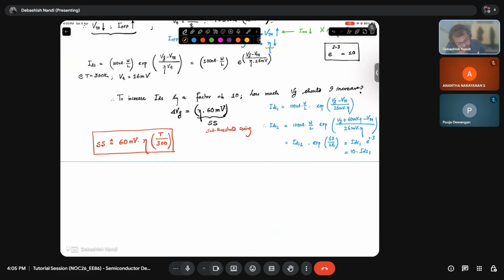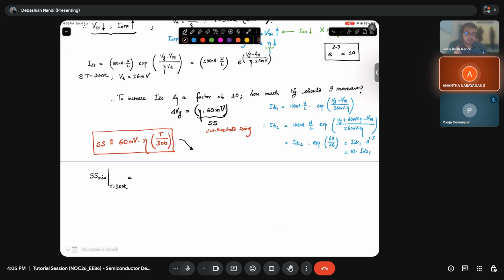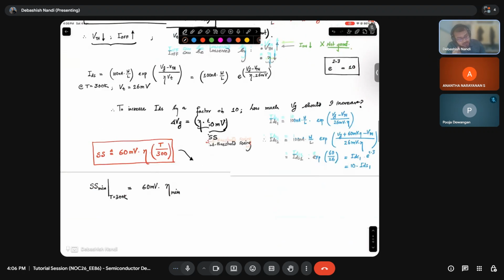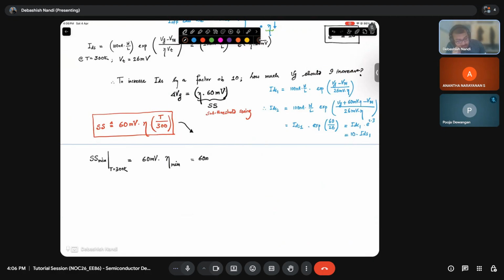So what is SS minimum at T equal to 300K? From this equation, can you tell me what is SS minimum? It will just be 60 millivolt times eta minimum. What is eta minimum? 1. So this is 60 millivolt. Sometimes it is called per decade because of this 10 factor, right?